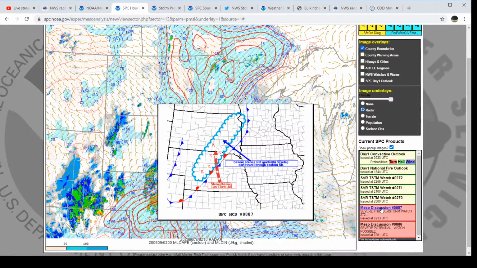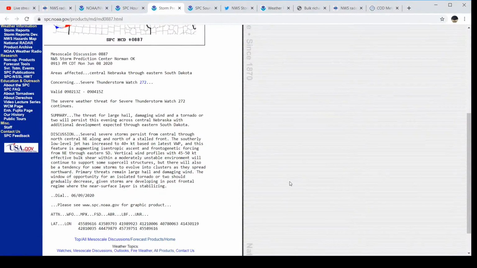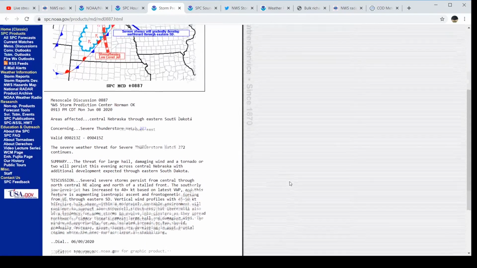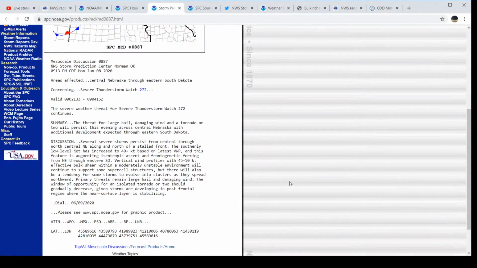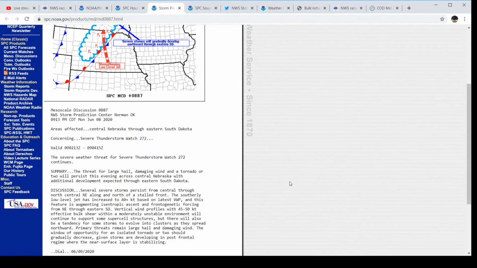Oh, they got another mesoscale discussion. Okay. Several storms persist from central through north central Nebraska along and north of the stalled front.